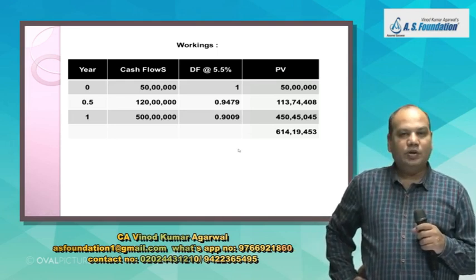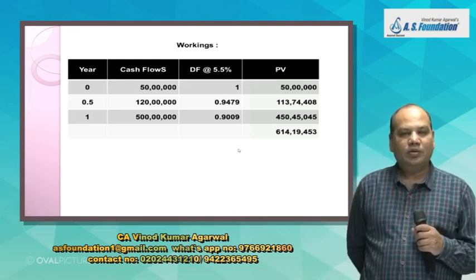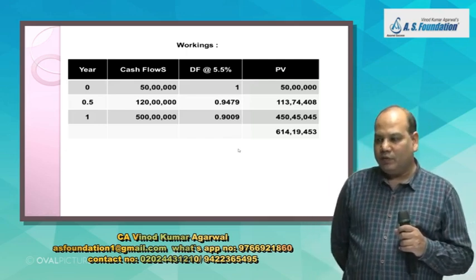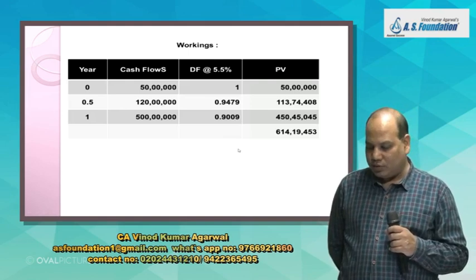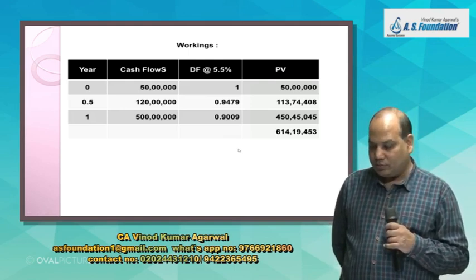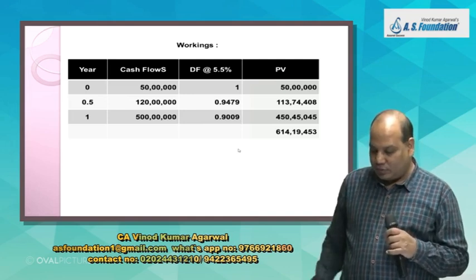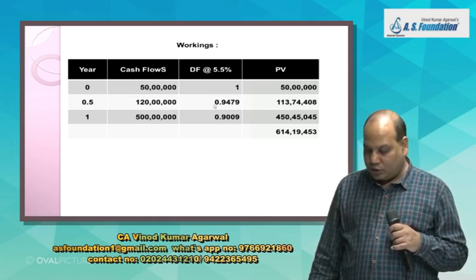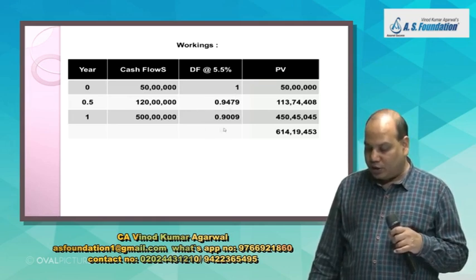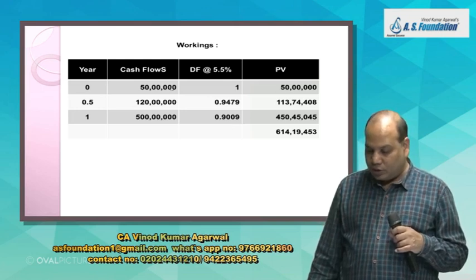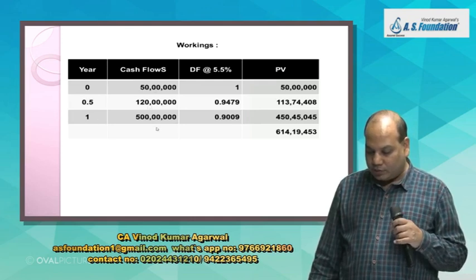If it is 11% per annum and you are making payment on a 6 monthly basis, then divide the discount rate by 2, 5.5%, and use the same for the second installment also. This is 1 period away, this is 2 periods away. So this is 50 lakh, 0.5 year, 1 crore 20 lakh, 1 year, 5 crore.